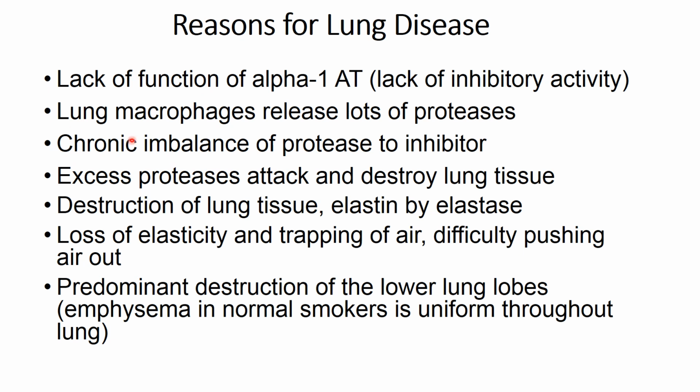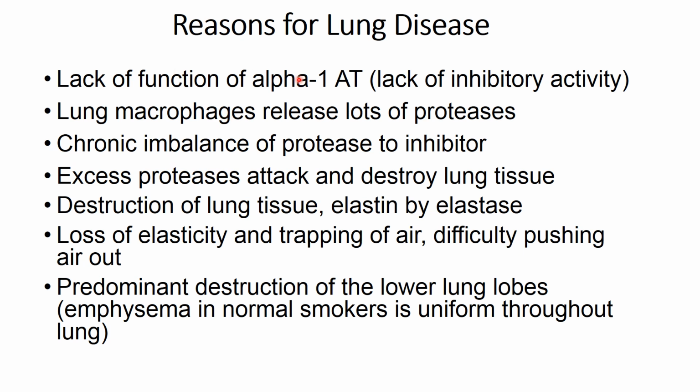Under normal conditions, lung macrophages release lots of proteinases. This is a defense mechanism towards intruders that we inhale with air. It can be dirt, it can be toxins, it can be different microbes. So it's normal that macrophages release proteinases.